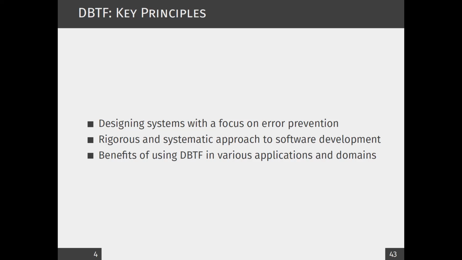They have their own sets of principles. In Scrum, for example, you have iterations, sprints, backlogs, and so on. So the key principle of this methodology is that we focus on error prevention, not correction.